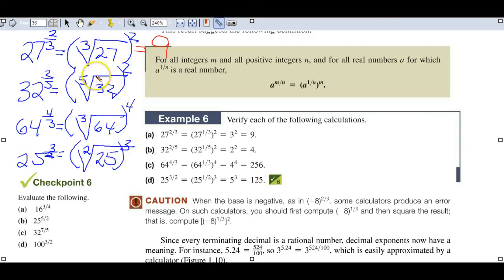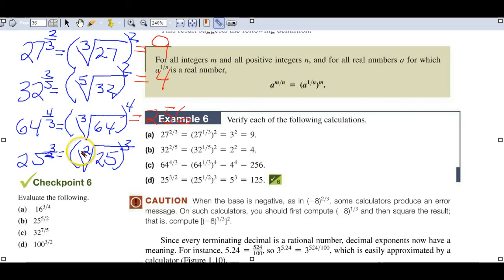Fifth root of 32 is 2. 2 to the second power is 4. Third root of 64 is 4. 4 to the fourth power is 256.